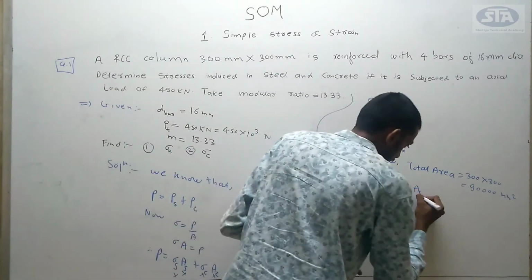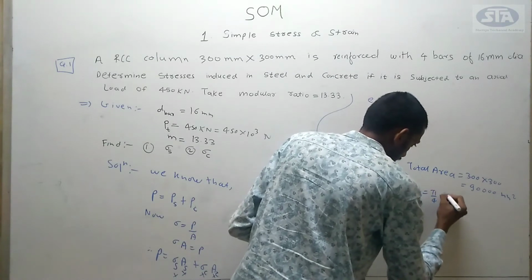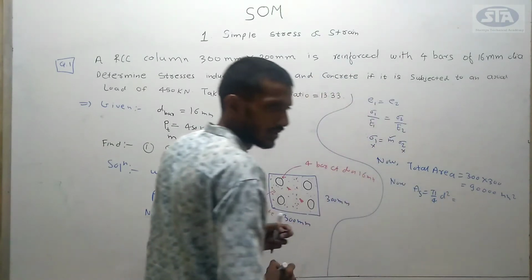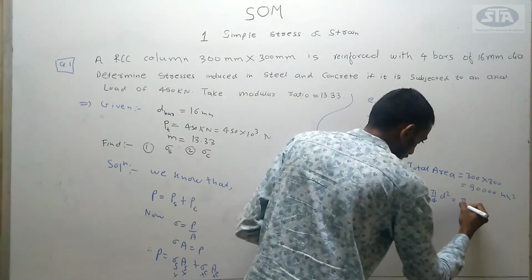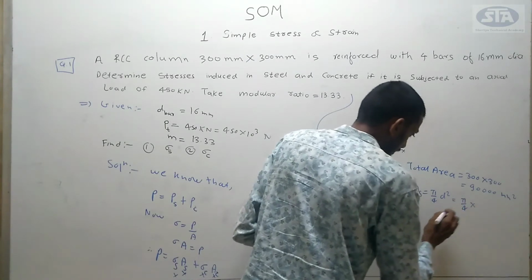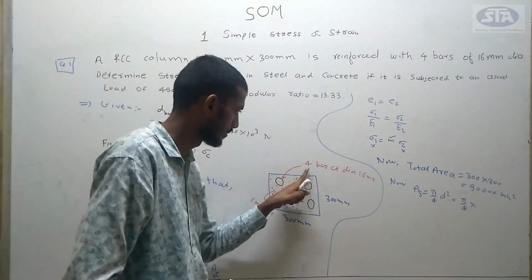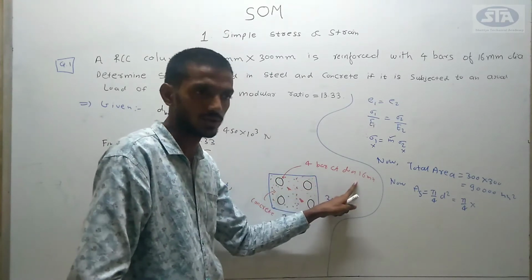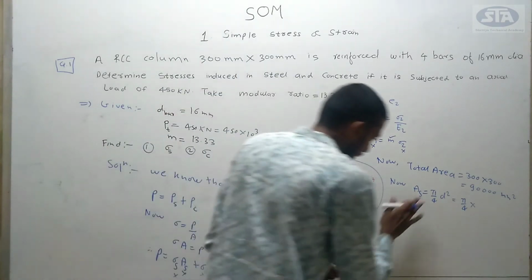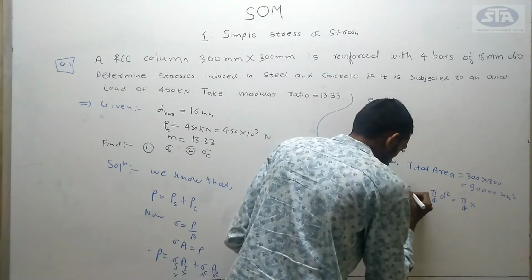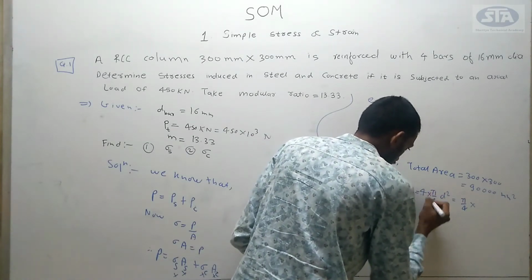The area of one bar is pi by 4 d square, but we have 4 bars, so we multiply by 4.